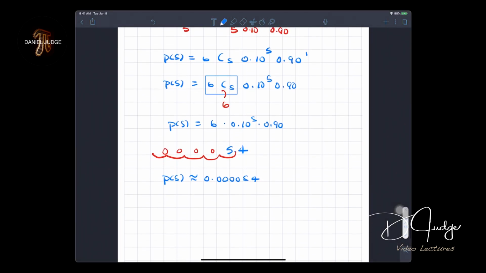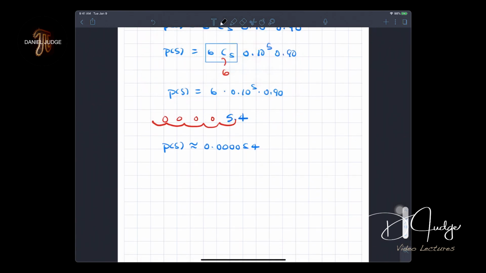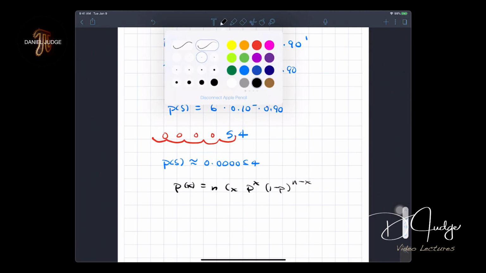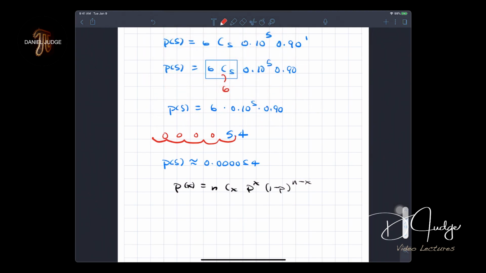We need P of 6. So, P of x is nCx, p to the x, 1 minus p to the n minus x. Plug in these values. x here is 6, 6, 6, and 6, and n here is also 6.